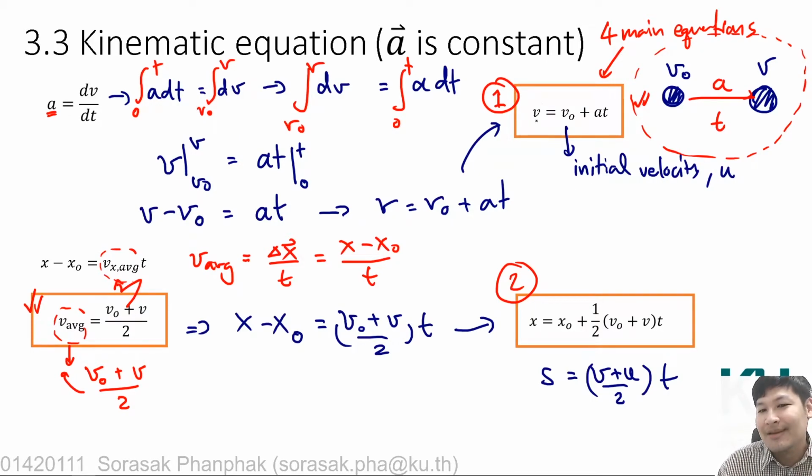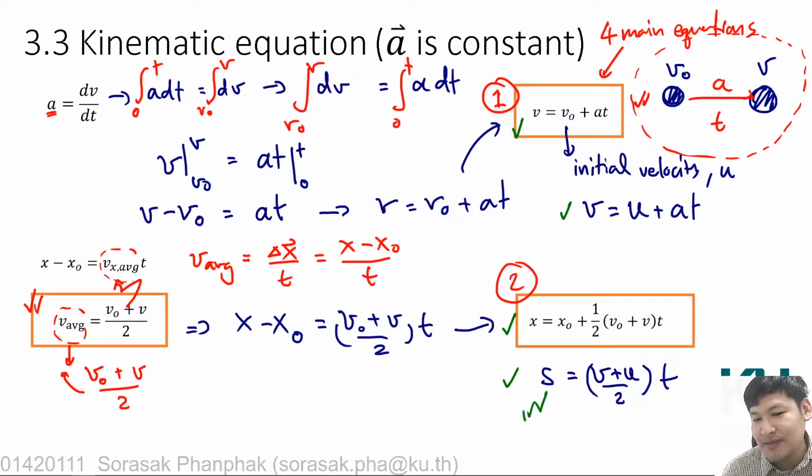It depends. This equation you may be used to in the form v equals u plus at. So you can use this one or this one; you can choose. Here s, or displacement, is x minus x0, because the final position compared to the initial position is the displacement.